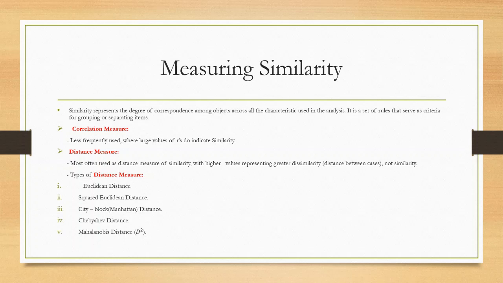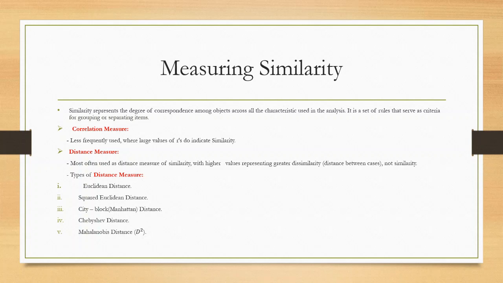So first of all, there's the correlation measure, which is less frequently used, and where large values do indicate similarity. Then there's the distance measure, most often used as a measure of similarity, with higher values representing greater dissimilarity. Distance between cases, not similarity.